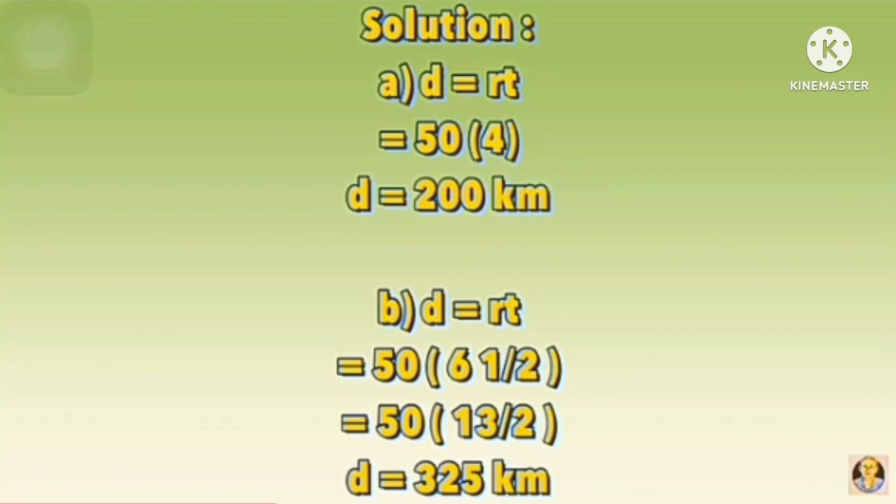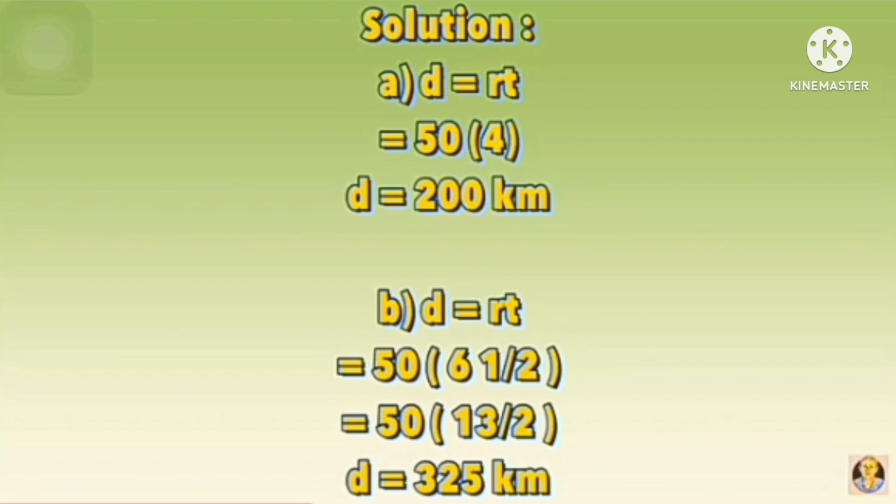D equals RT equals 50, the rate in kilometers per hour given, then the time covered is 6.5. We are going to multiply 50 by 6.5, which is a mixed number, so we change it to an improper fraction. Then we multiply 50 times 13 divided by 2. So the result is 325 kilometers, the distance for letter B.